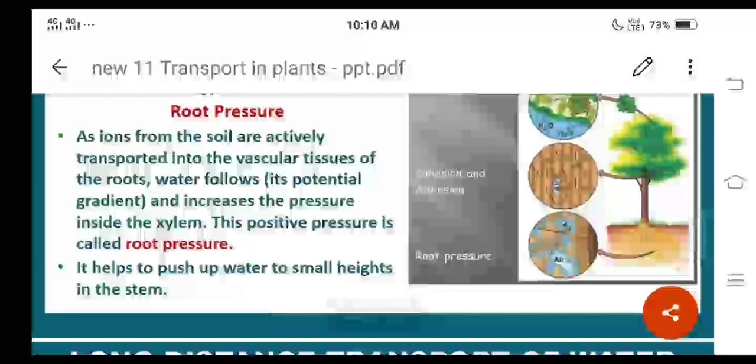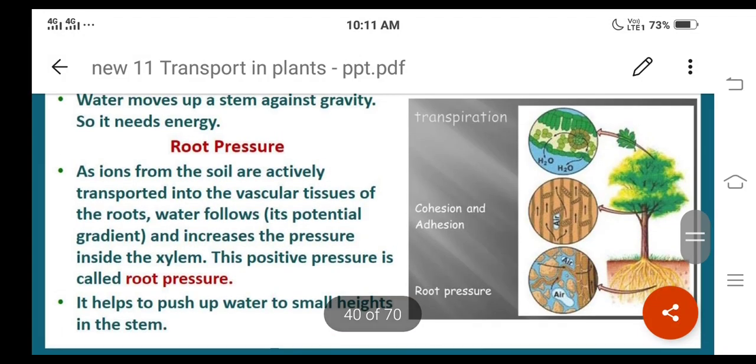So the importance of root pressure is that it helps to push the water to small heights in the stem part. In the given diagram or photograph, you can observe the development of root pressure, then the properties of water, cohesion and adhesion, then transpiration.